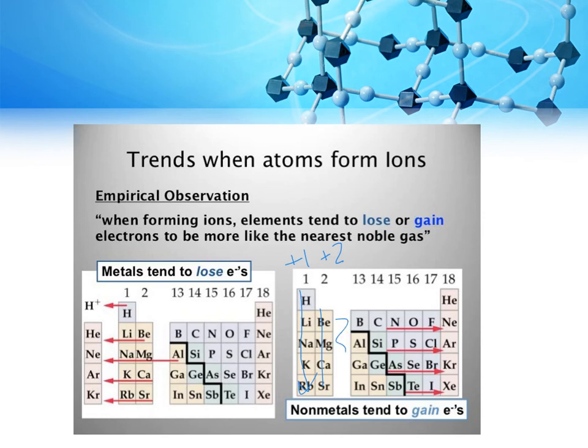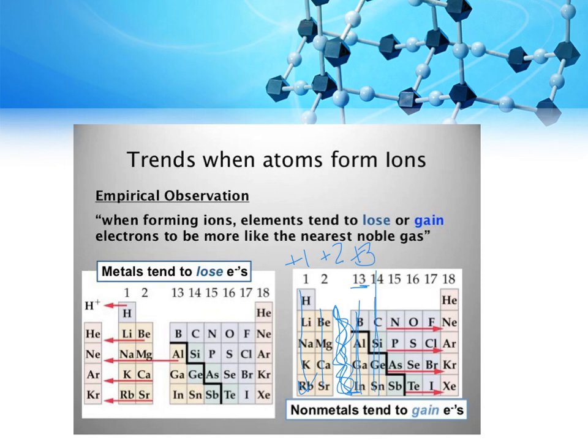Then we have all the transition metals in the middle, which are very confusing, and we're not going to go into how they become ions yet. They are metals, so they will make cations, but they make all different charges. They're not consistent. So now we go to group 3A in the old numbering system, or 13 in the new numbering system. They lose 3 electrons and end up with a +3.